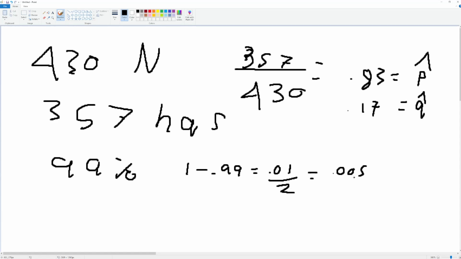You plug that into your calculator, 0.005, and you're left with 2.576. Cool.